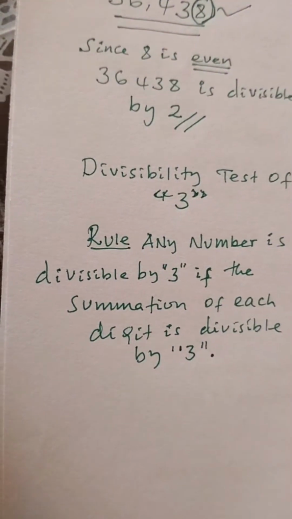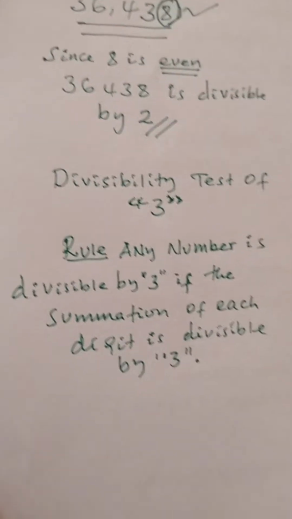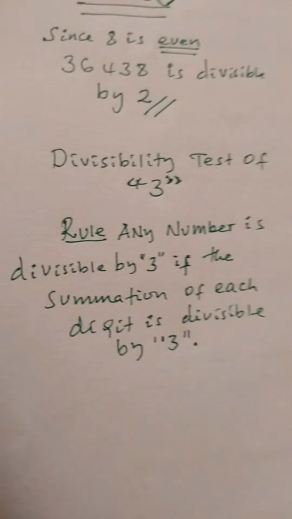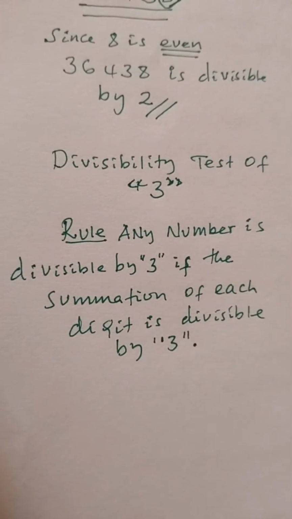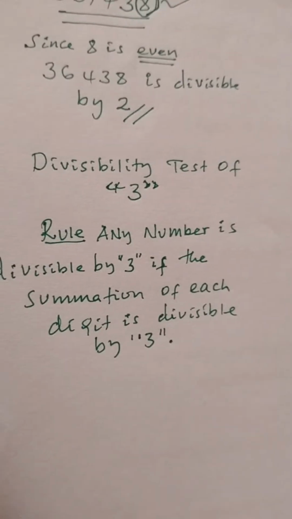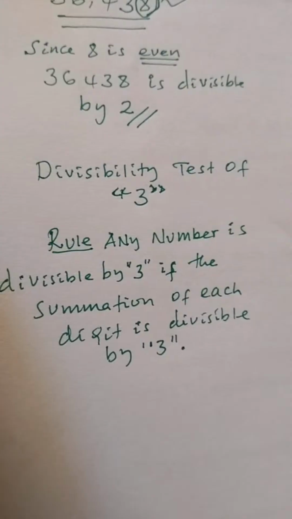You get it? Any number is divisible by 3 if the summation of its digits is divisible by 3.